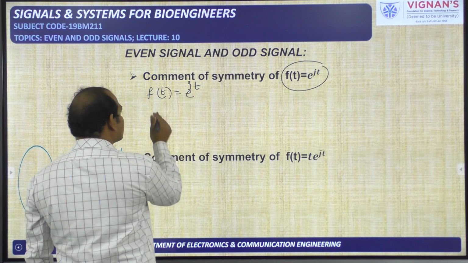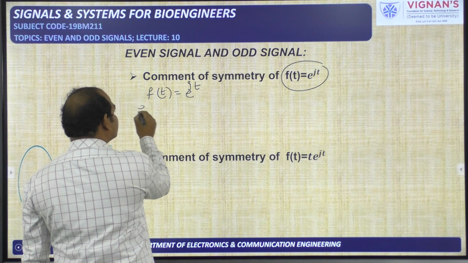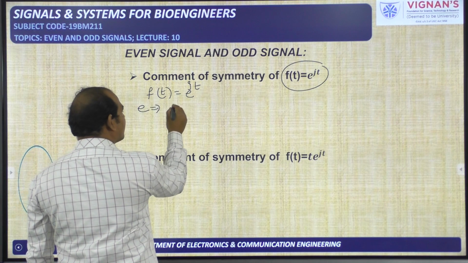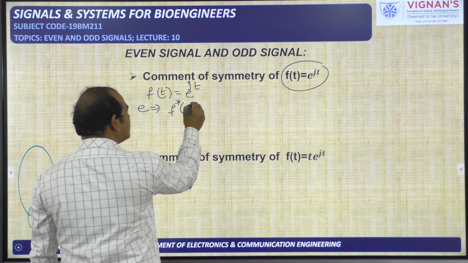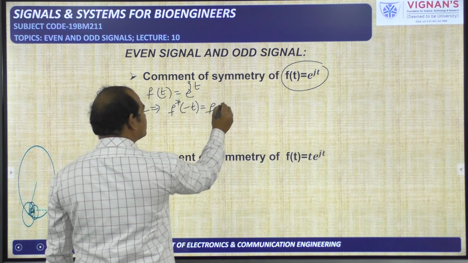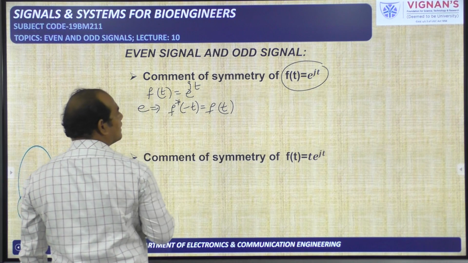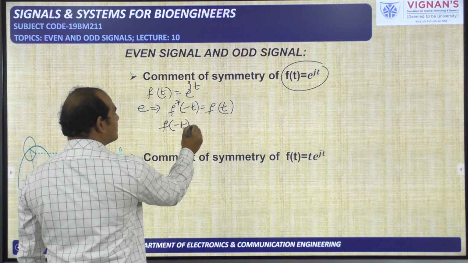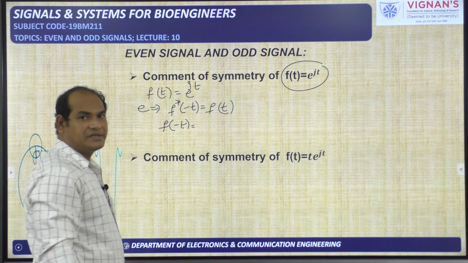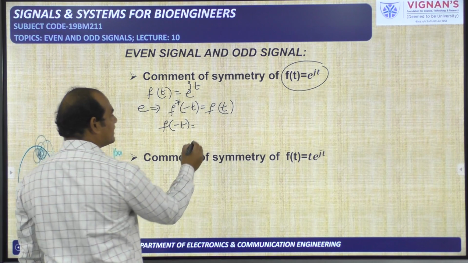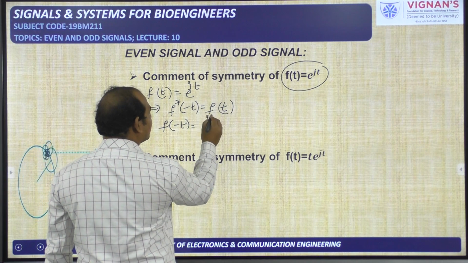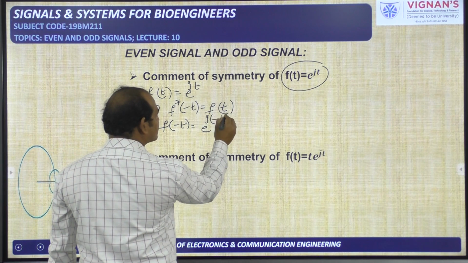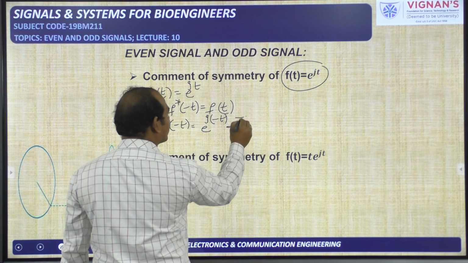For that purpose I am checking all the conditions. If it is even, the condition is f star of minus t is equal to f of t. First I will take f of minus t. In this, t has to be replaced with minus t. So I will get e power j, in place of t I write minus t, so this is e power minus jt.